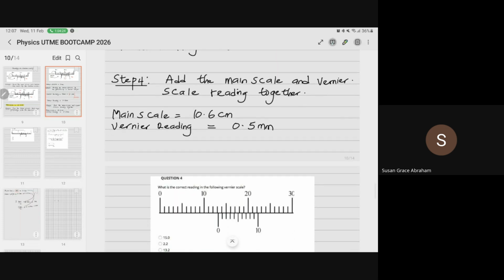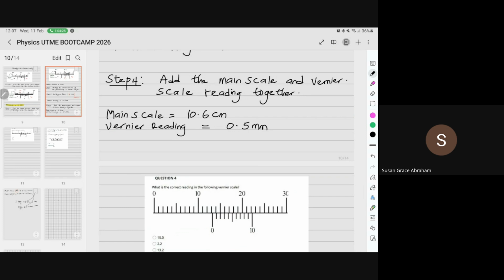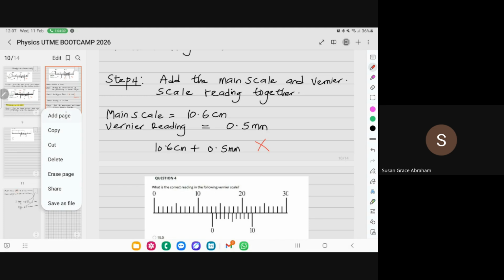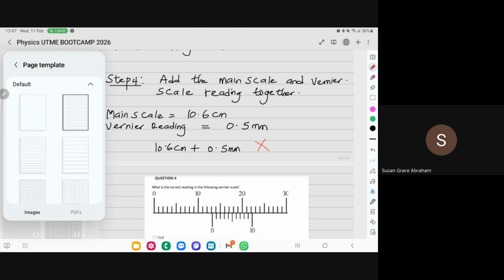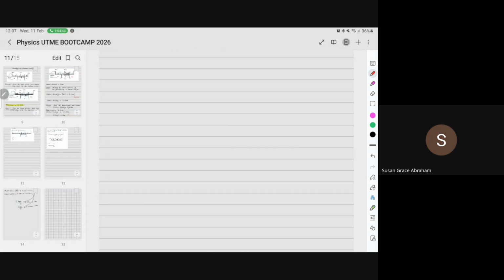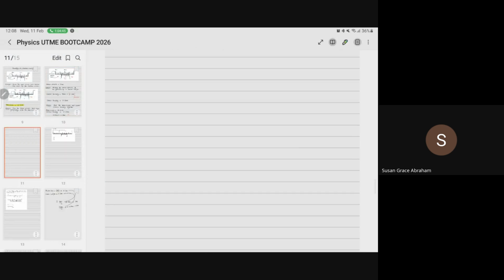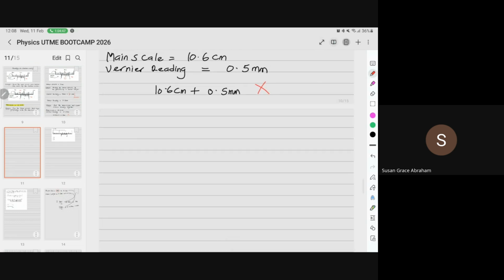So you cannot say 10.6 centimeter plus 0.5 millimeter; that is wrong. So what am I going to do? I'm going to convert. Does it make sense?